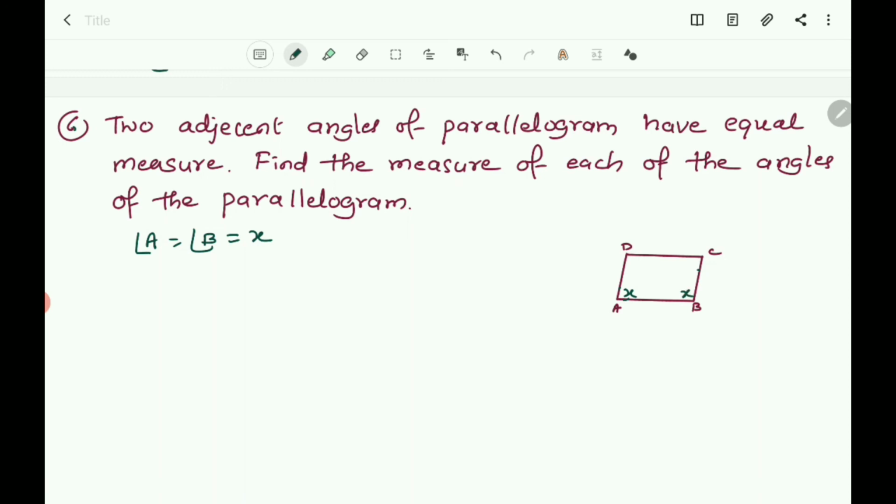And you know that adjacent angles of a parallelogram are supplementary. Angle A plus angle B must be equal to 180 degrees.